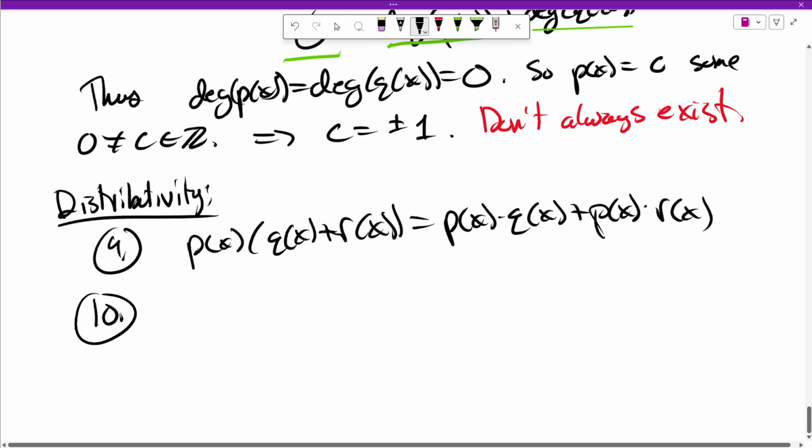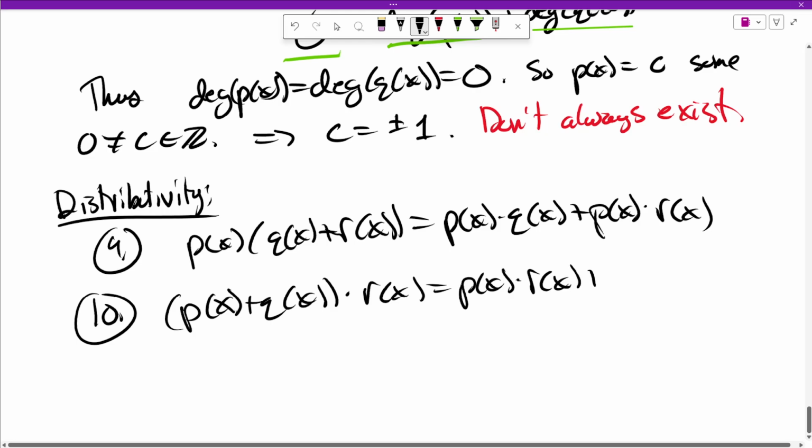That's left distributivity. And then we have right distributivity. So p plus q times r is p times r plus q times r. Okay, so both of these happen to be true.